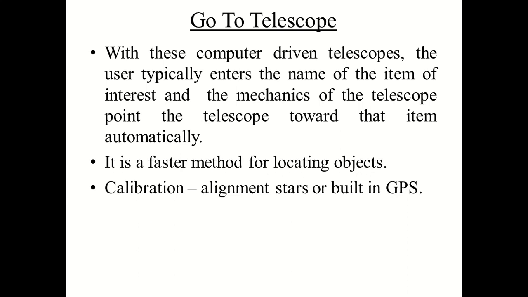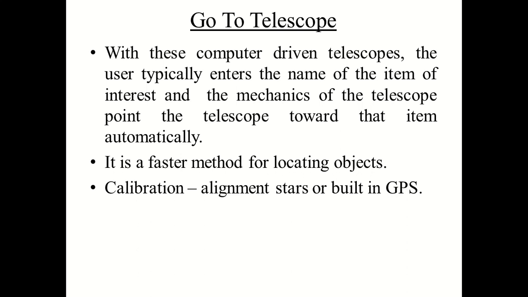Either we enter the name of the object or its coordinates, right ascension and declination, in the computer, and the telescope will automatically point towards that particular object. So it is the faster method.